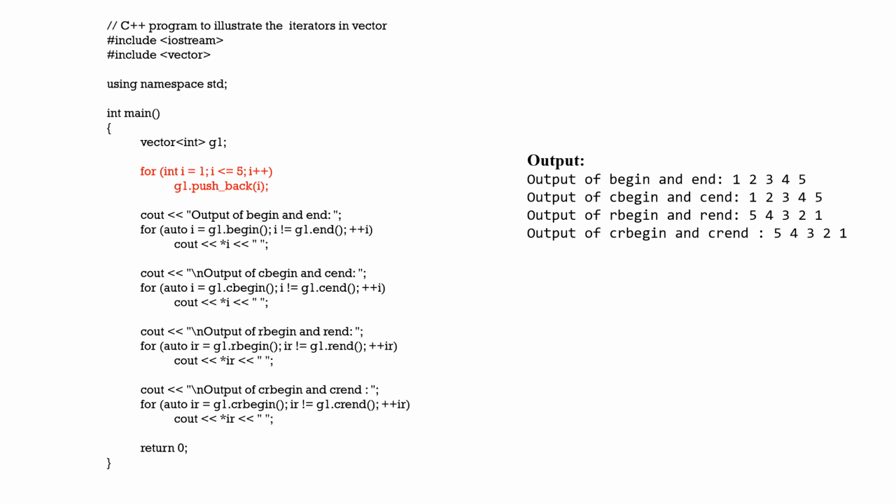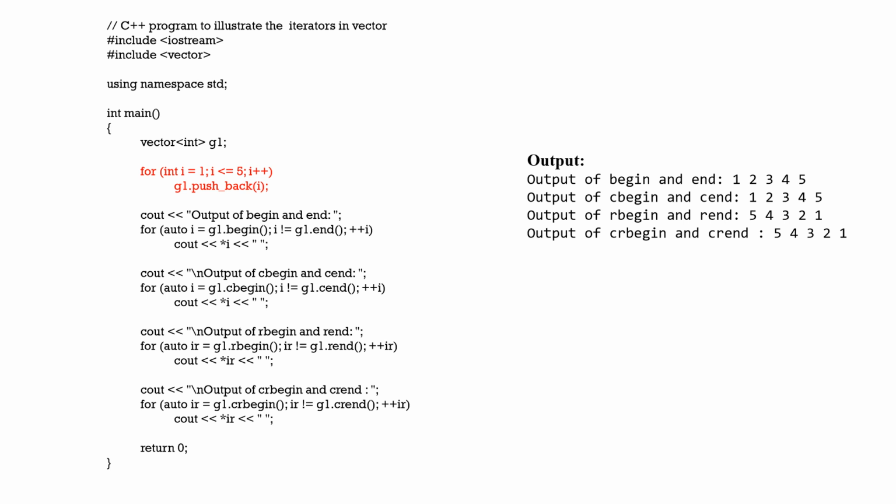In this program, main declares a vector named g1 without any elements. Next, it enters a loop that runs from 1 to 5. After this loop, g1 contains the elements 1, 2, 3, 4, 5.